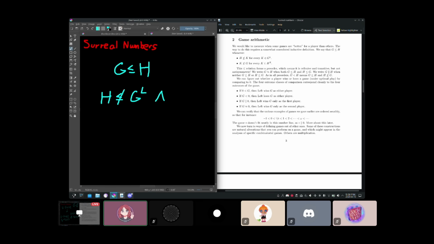Also, there are two parts to this definition. We also need that everything in the right set of H is not less or equal to G. So that's what G is less or equal to H is defined as.